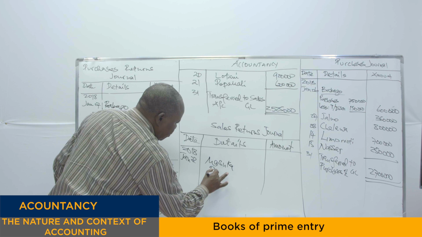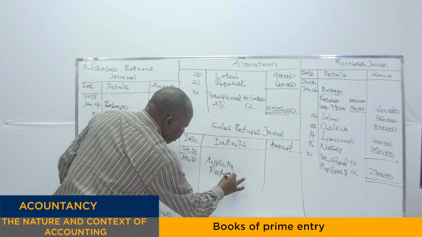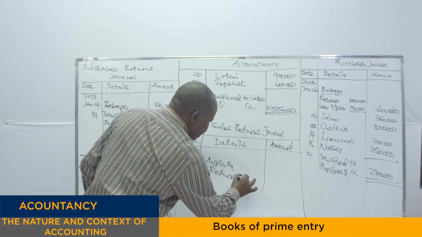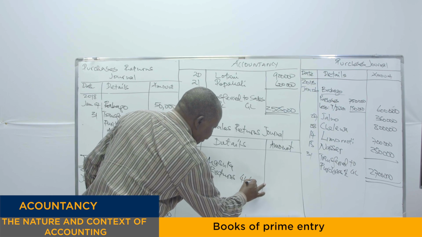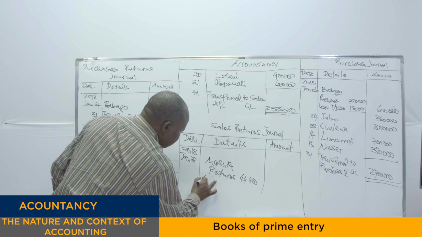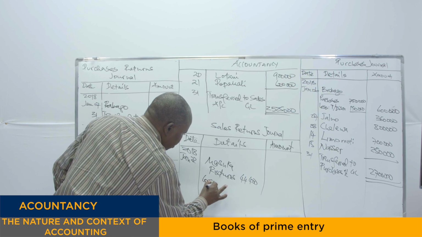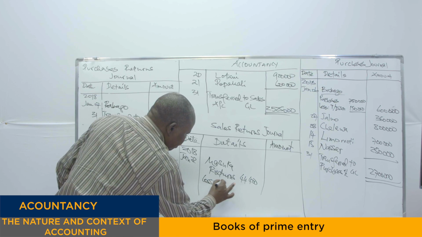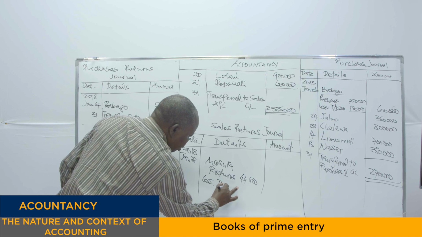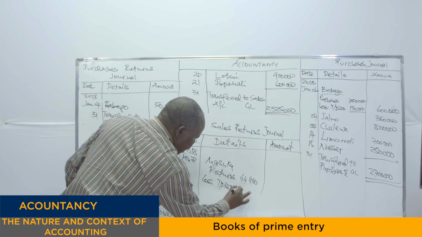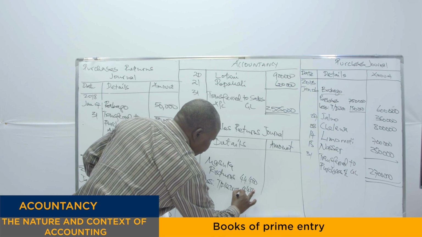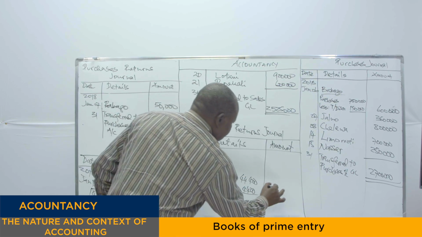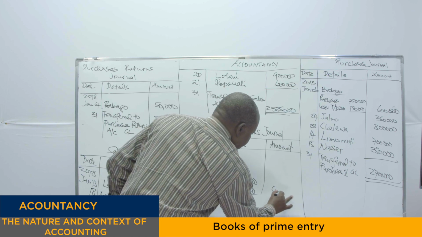So returns, the list price was 44,400 less trade discount 4,400. So the net one is 40,000.